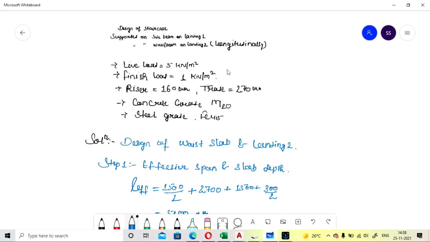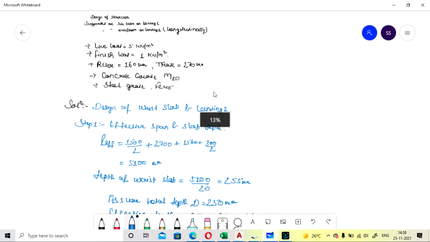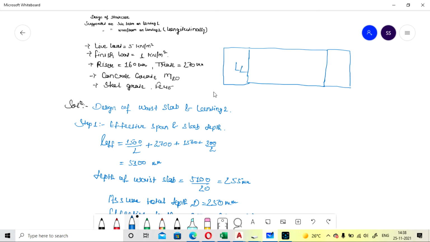Okay, so this is how it looks, and this is a dogleg. We are going to design a dogleg staircase. So this will be landing 1 and this will be landing 2, and it is divided into two parts, first flight and the second flight.